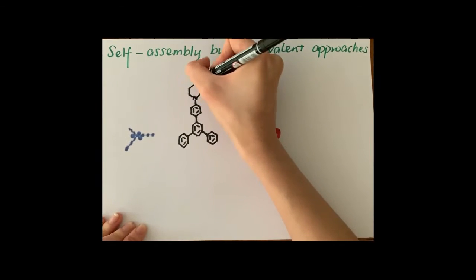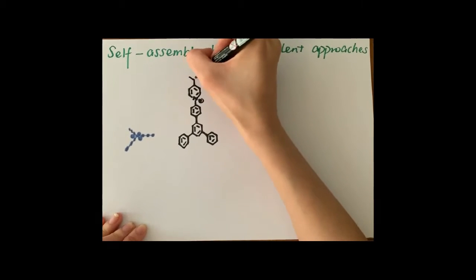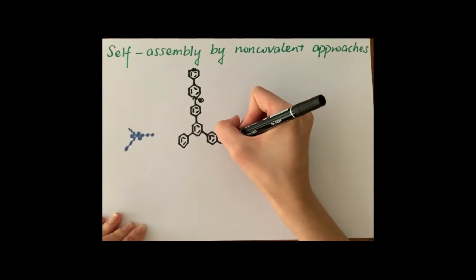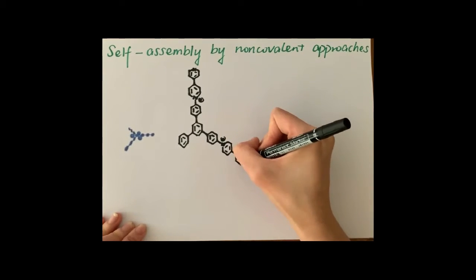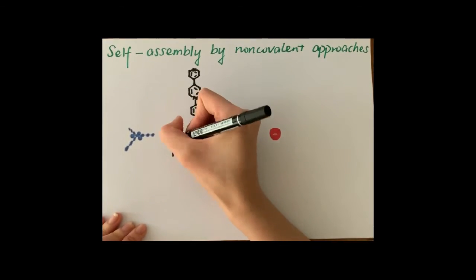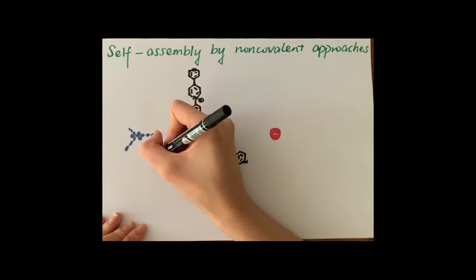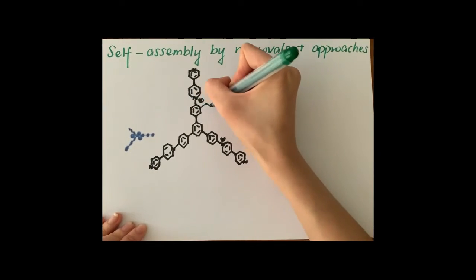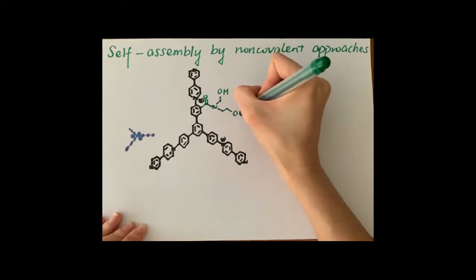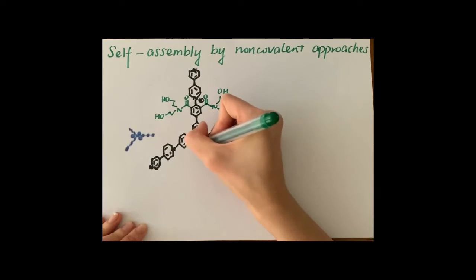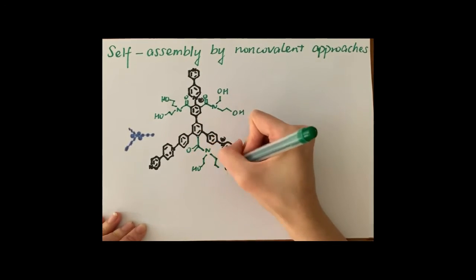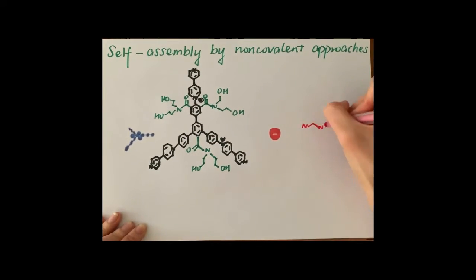First, a 1,3,5-triphenyl benzene compound that bears 3 BP units on the peripheral benzene rings was designed and synthesized. Then, 3 hydrophilic groups were introduced to the central benzene ring to suppress 1D stacking of the triangular backbone and to ensure solubility in water.